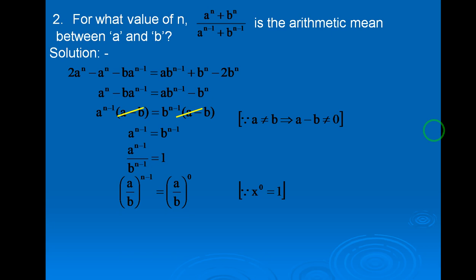Now bases are same a/b, therefore the power must be same, that is n - 1 must be equal to 0, implies n = 1. Therefore for n = 1 the given expression must be arithmetic mean between a and b.